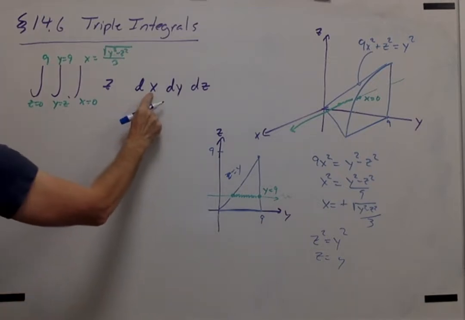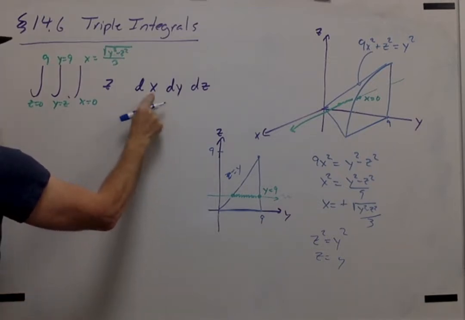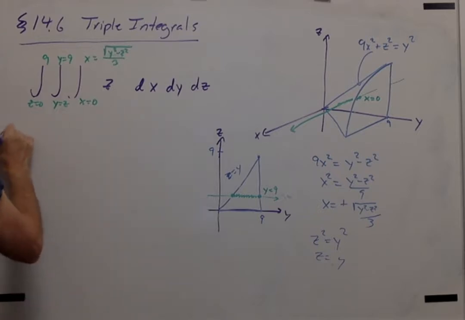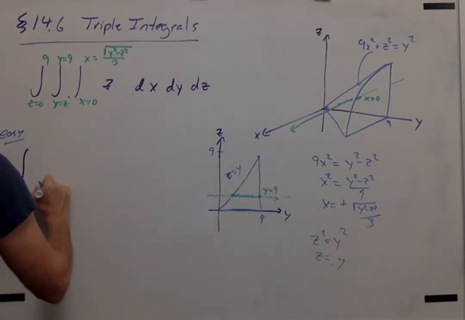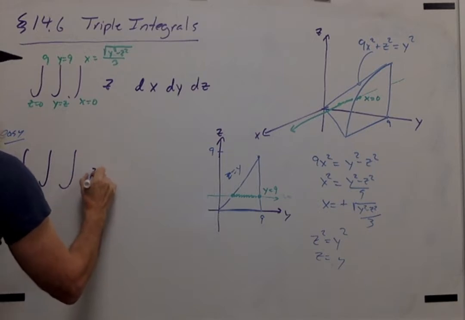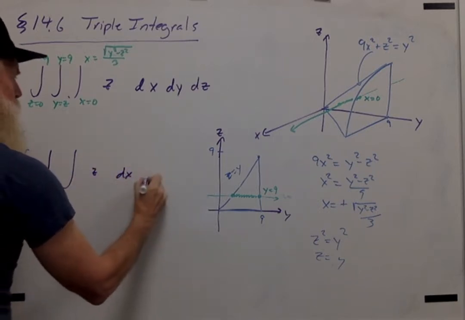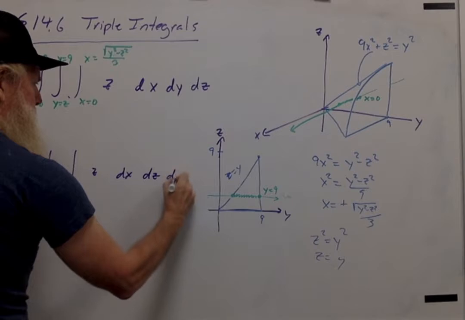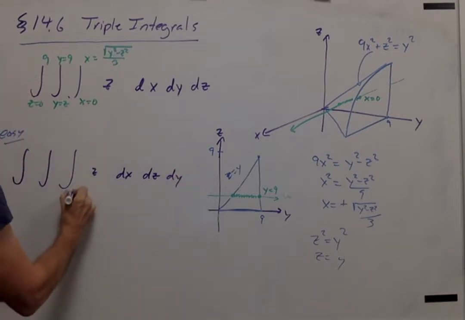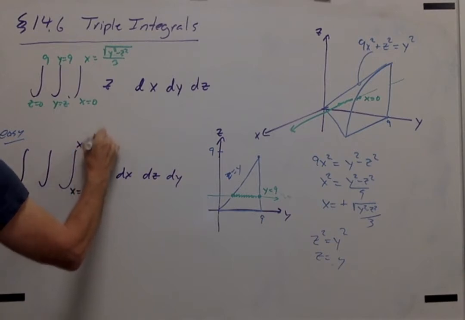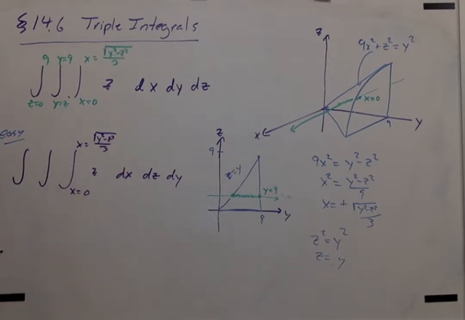Now notice that I've done all this hard work having dx on the inside, it's easy to figure out what the bounds will be if I leave dx on the inside, but swap the dz and the dy. So the bounds for x stay the same. X is still going from 0 to the square root of y squared minus z squared over 3. But I'm going to have to change the bounds on z and y.